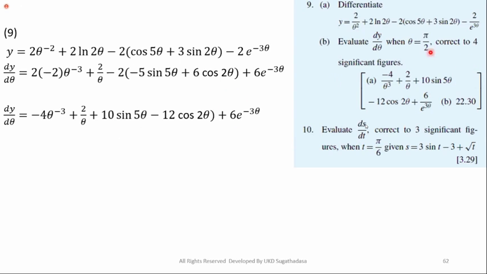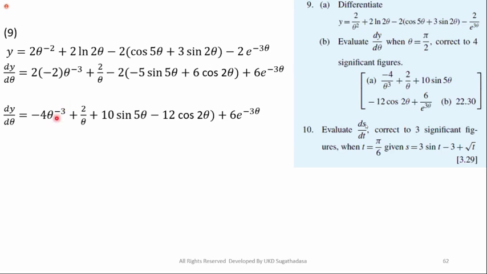The dy by dx answer is not given because you want to calculate and evaluate dy by d theta, this particular one, when theta is pi by 2. Remember, pi by 2 is an angle given in radians. Correct to 4 significant figures. Actually the answer is given. Sorry, the answer is there, no differentiate. See the answer? You can take the answer. Minus 4 divided by theta cubed. That is the first one correct, no?